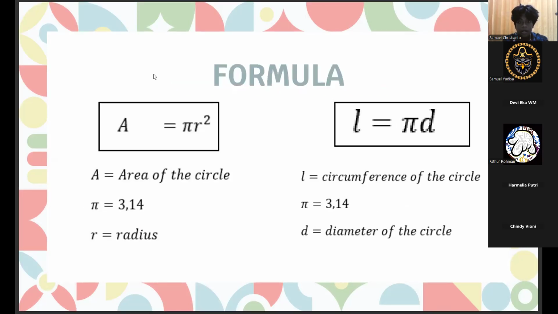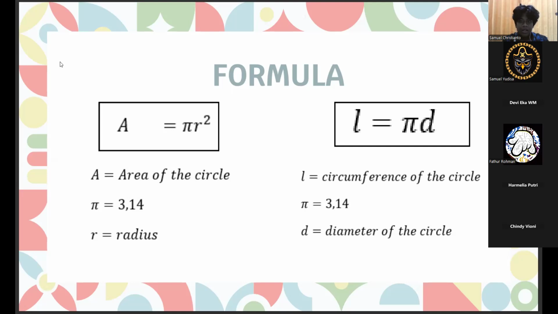Okay, the formula. This is the formula that I have told earlier. There are these two formulas. The first one, the left one: A is equal to pi times R squared. R is the radius, pi is 3.14, and A is the area of the circle.